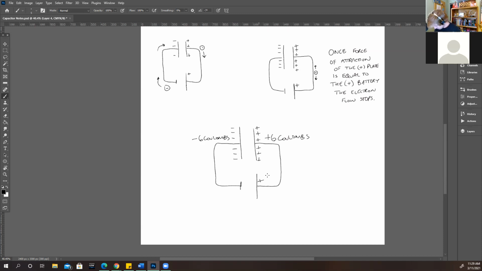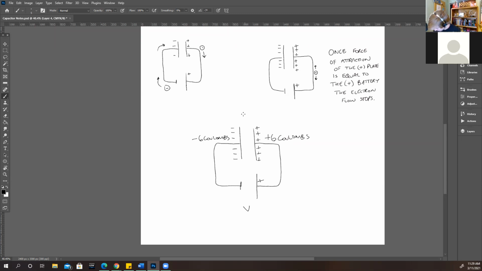All right. What else? Once this capacitor is fully charged and it stops, there's no more current flowing in this wire.